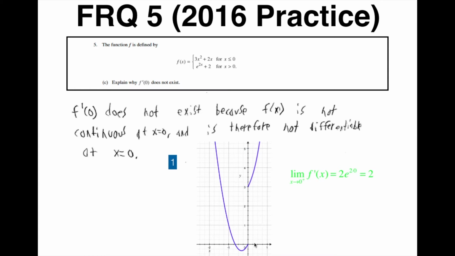What do you find if you calculate the one-sided derivative as x approaches 0 from the negative side? This is it. The limit is also 2. And very clearly, that was a trap. If students were to calculate the two one-sided derivatives, they might have noticed, hey, this is equal to this, and therefore it's differentiable.